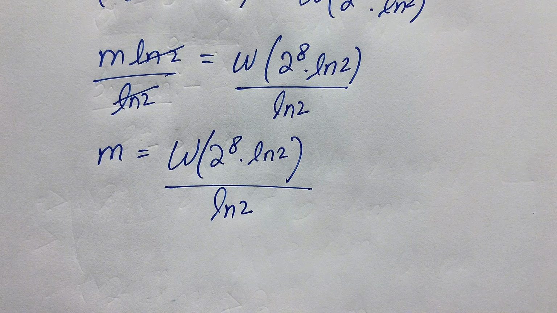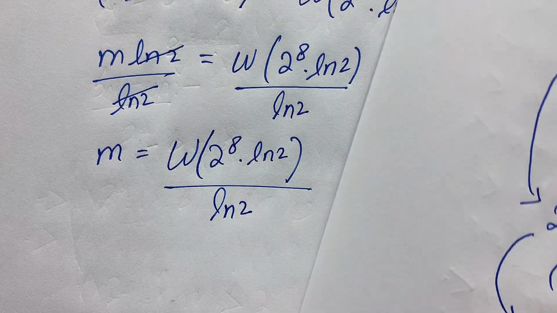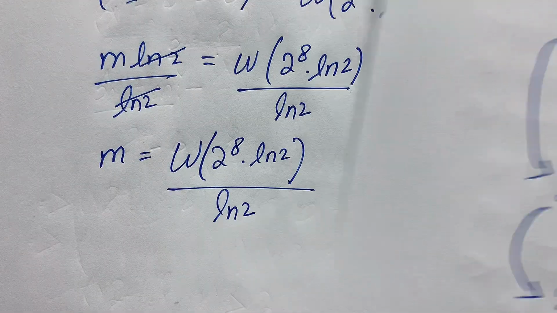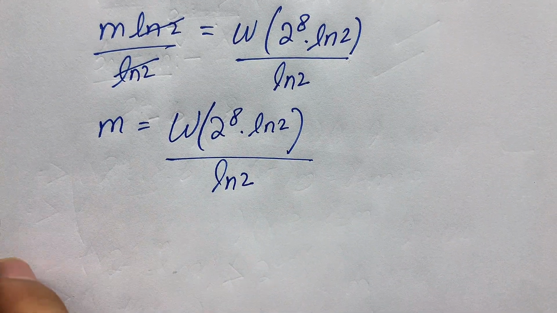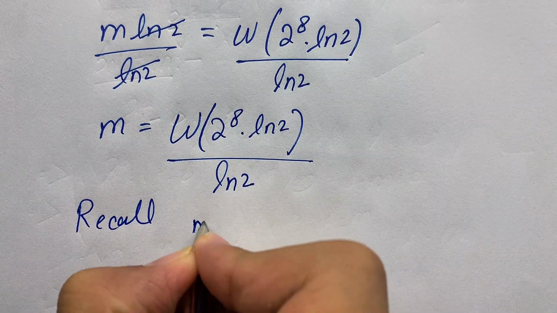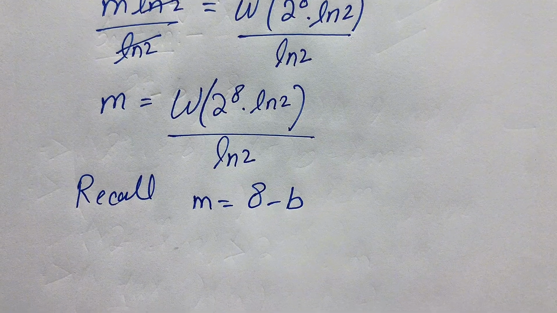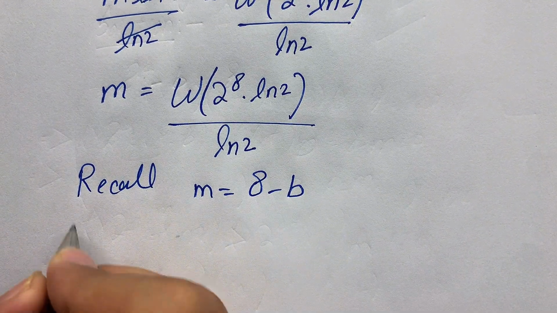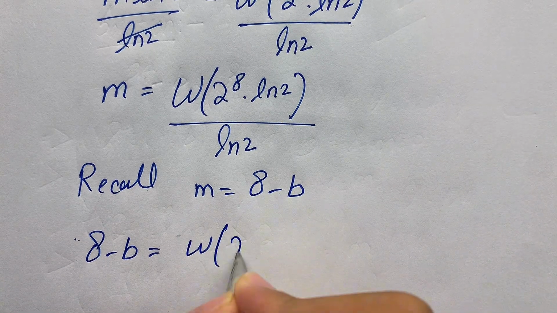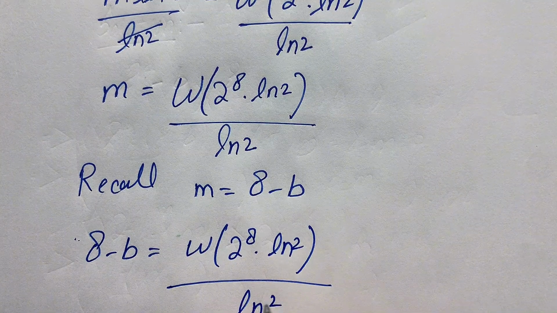Now we recall our equation. Let b is equal to 8 minus m. After recalling this, m is equal to 8 minus b, and this m, 8 minus b, is equal to W(2^8 ln 2) divided by ln 2.